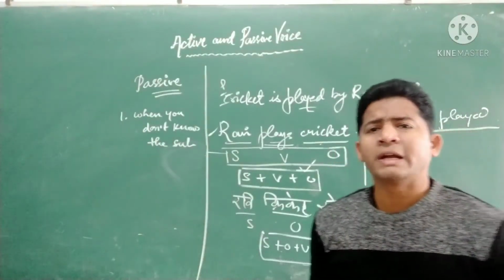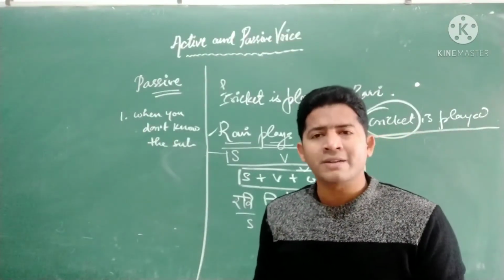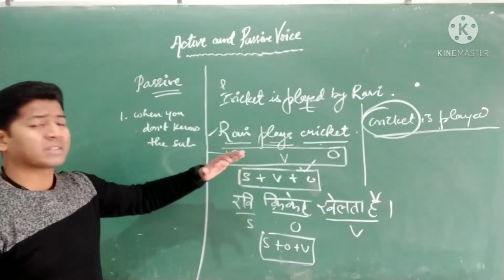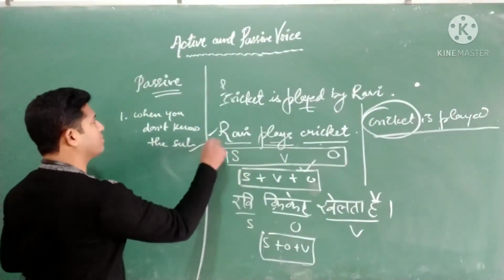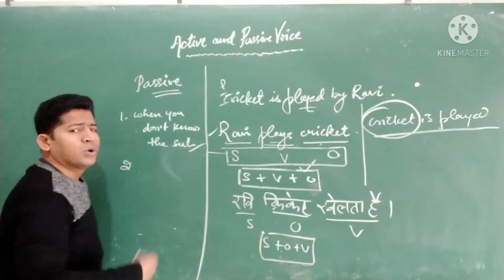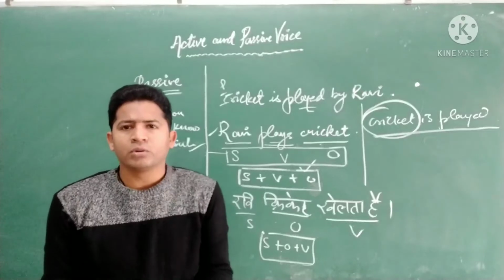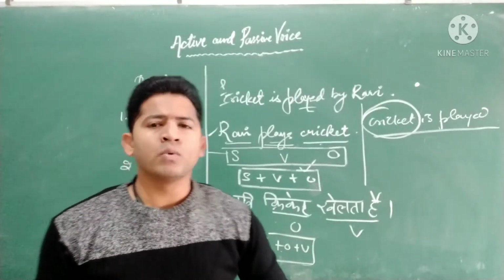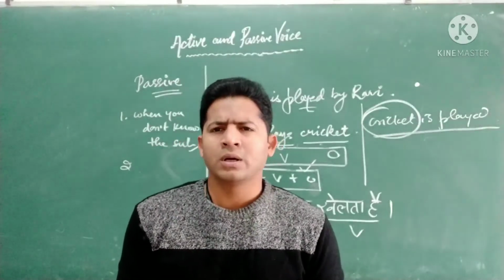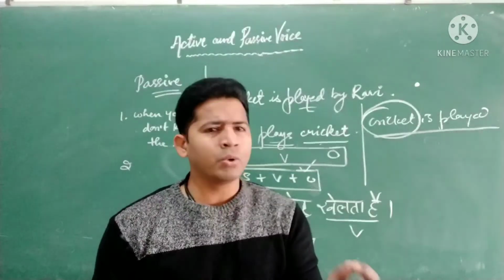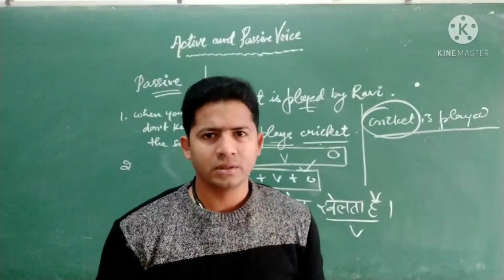A letter was written. You do not know who wrote the letter. For these cases where you are not aware of the subject, we use passive voice. The second use is when you don't want to tell the subject, if it is not important to tell the subject. Like the function was organized. You don't want to tell who organized this. A blood donation camp was organized.